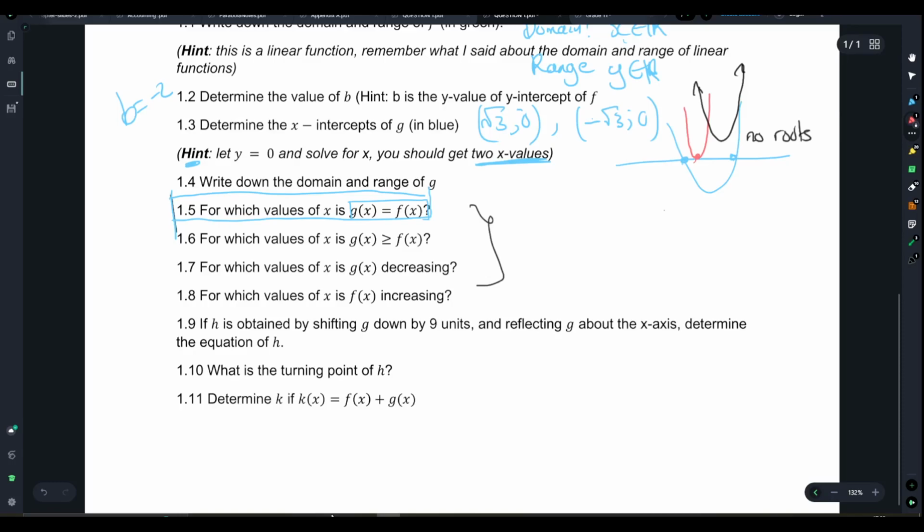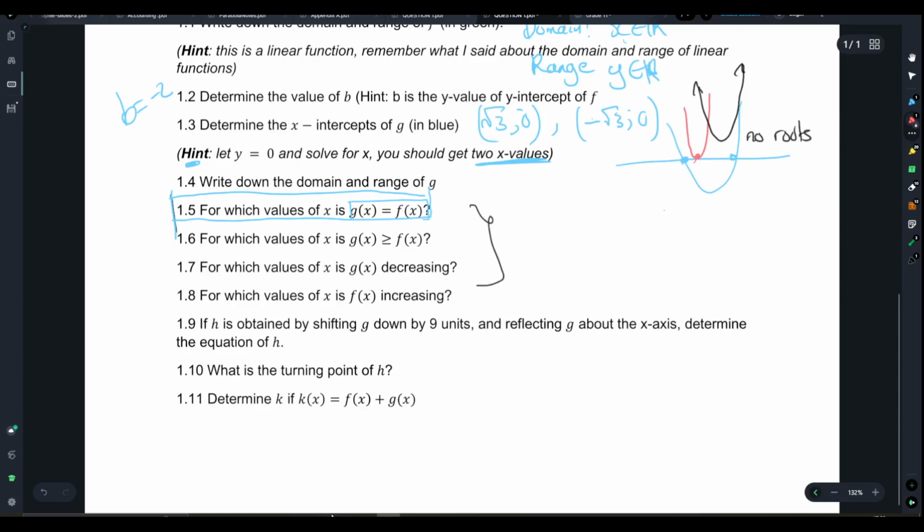They are asking for which values of x is g of x greater than or equal to f of x. Again, plug the values here to end up with f of x being this, g of x being this. Now let's continue. What is g of x? G of x is minus 3x squared plus 9 greater than or equal to 3x minus 2. I hope I'm not confusing anyone so far.